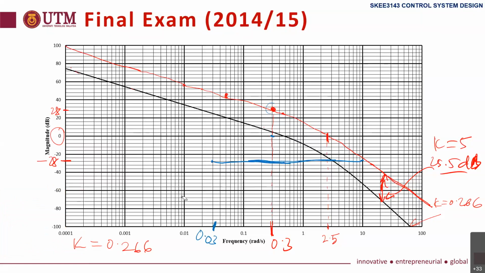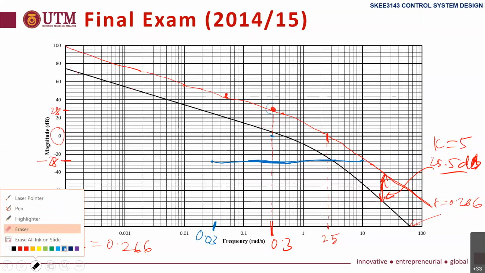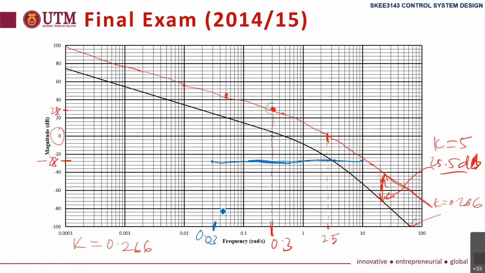Okay, next, what to do? We need to draw a line which is 20 dB per decade negative until 0 dB. This is a line of 20 dB per decade. 1 decade, 20 dB.